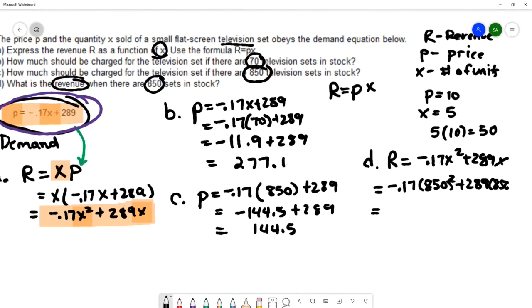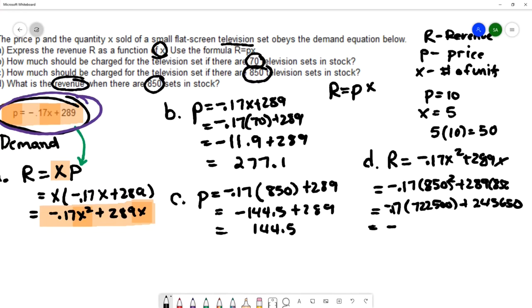So let's see, 850 times 850, that's 850 squared. Well, that's a big number. That's 722,500. And then we're going to do 289 times 850. That's 245,650. And we want to do negative 0.17 times 722,500.